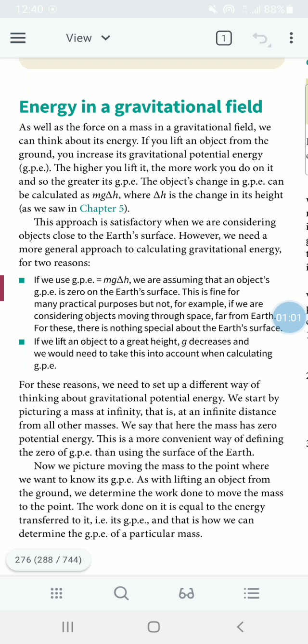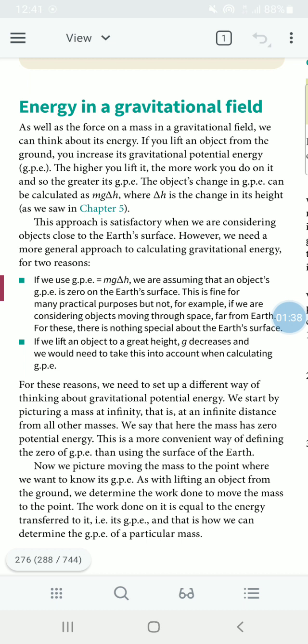The object's change in GPE can be calculated as mg delta h, where delta h is the change in height, m is the mass, and g is the gravitational acceleration, or strength of the gravitational field. This is something that you have learned in O levels as well.